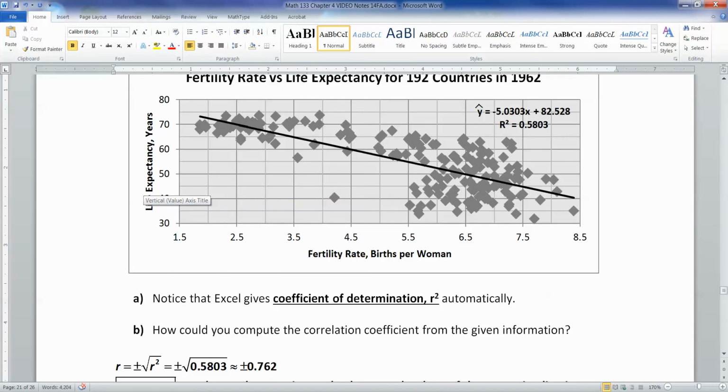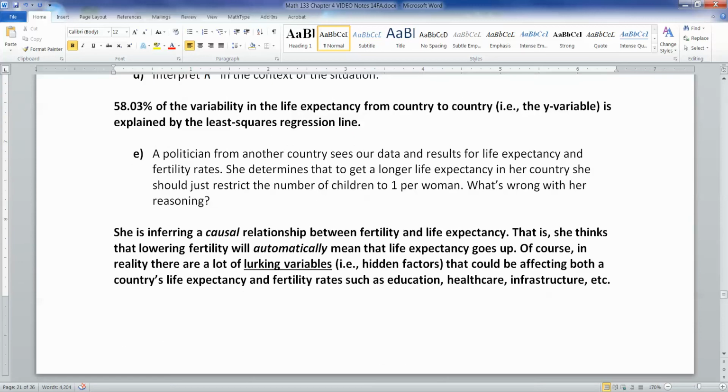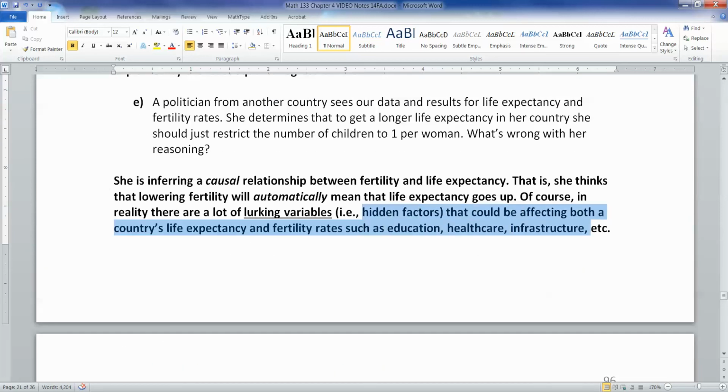They're showing up in the graph indirectly, right? Our line does a pretty good job of modeling what's happening. It shows about 58% of the variability can be explained by that line, but there's another 42% that we don't really know why it's going on. And that's partially because of these hidden variables that are behind the scenes affecting what's happening.